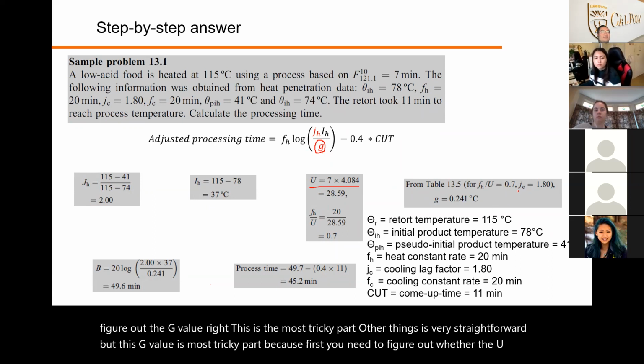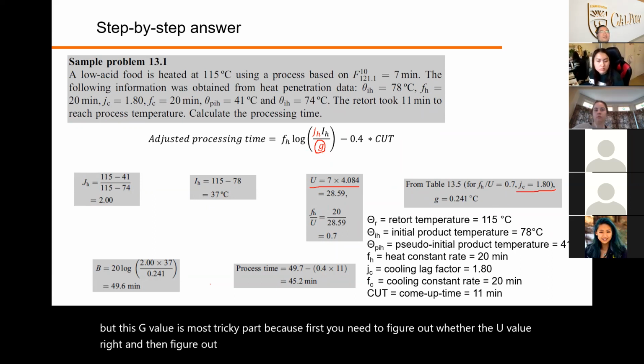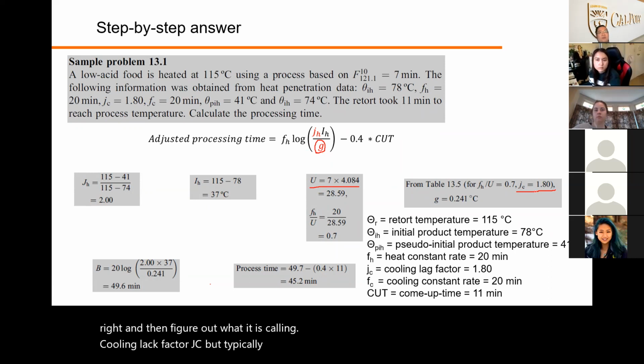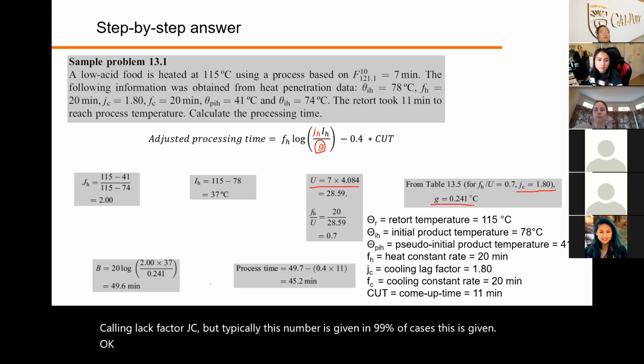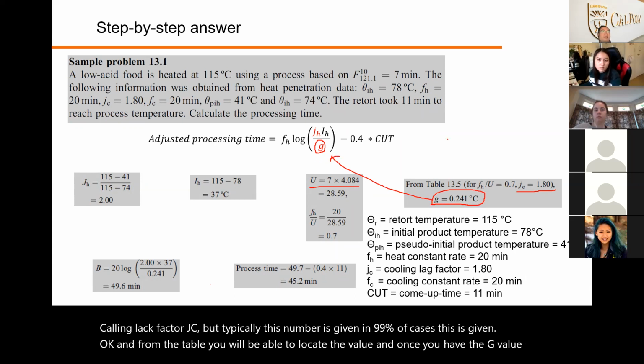And then figure out what is the cooling lag factor, JC. But typically this number is given in 99% of cases. This is given, okay? And from the table you'll be able to locate the G value. And once you have the G value, just plug it in, then everything should be fine.